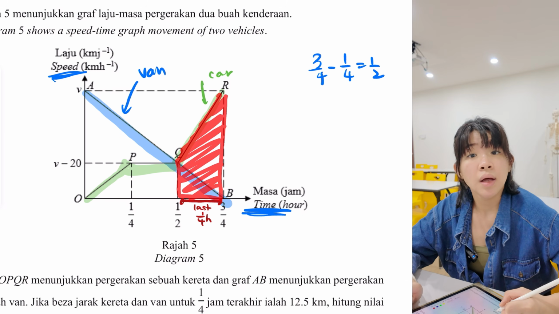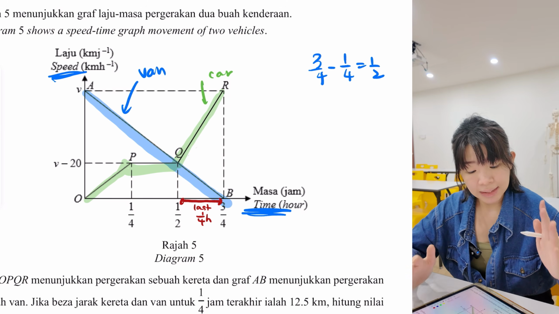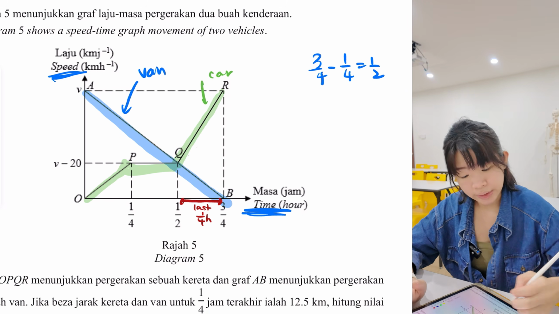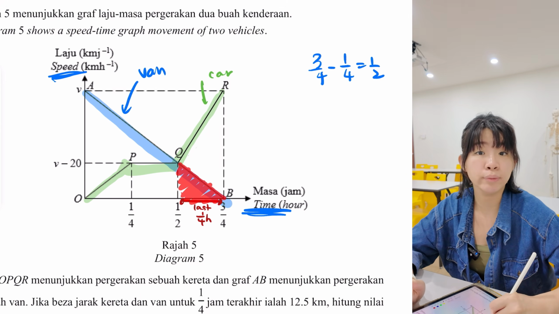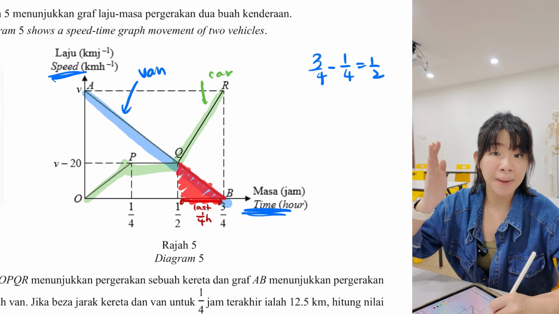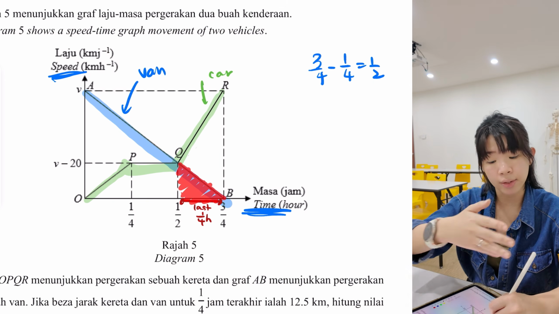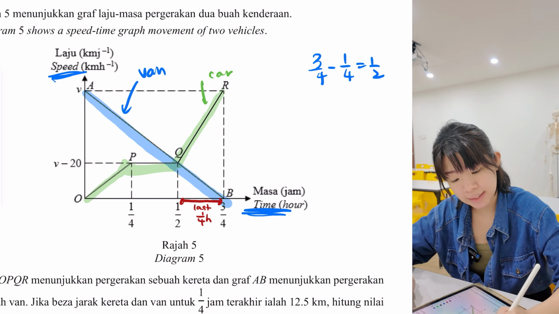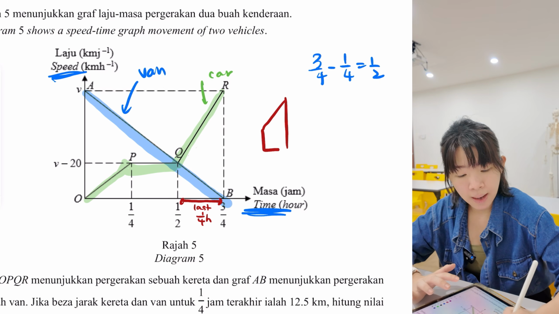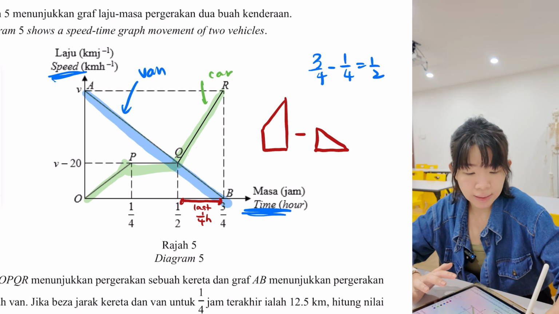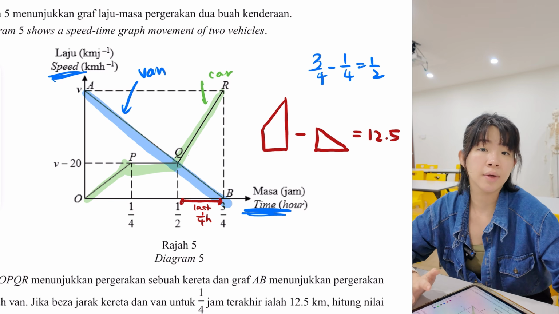For the van, in this last 1/4 hour, it is only this part, and the area under the graph forms a triangle. So we take big area minus small area: trapezium minus the triangle equals 12.5.